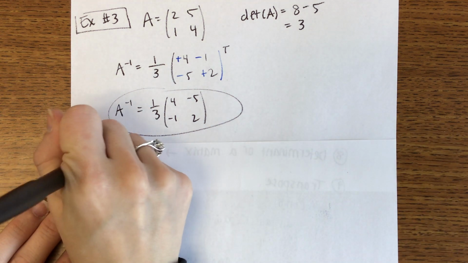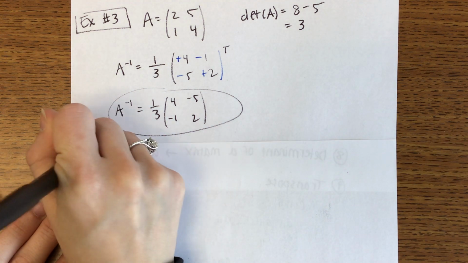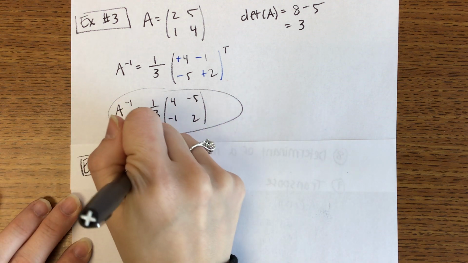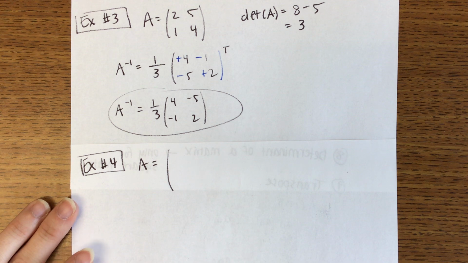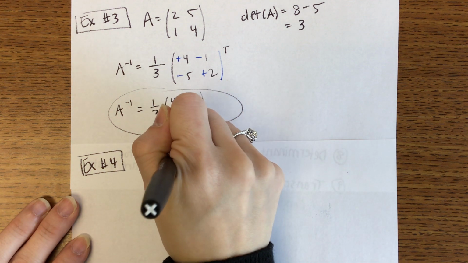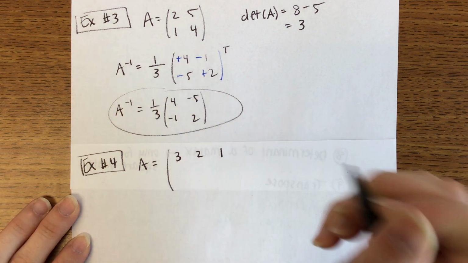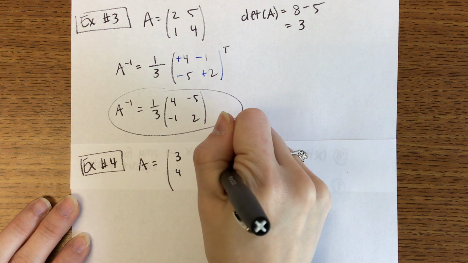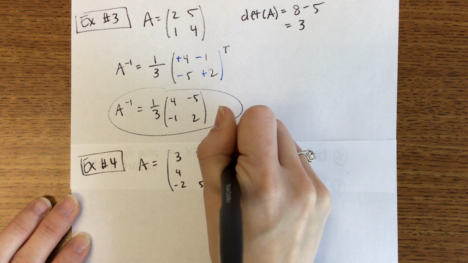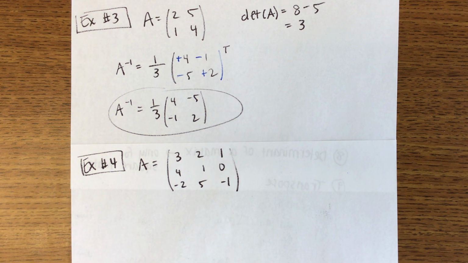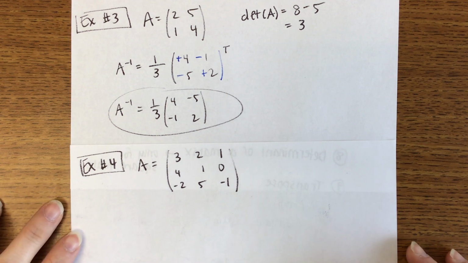Okay. Here's our next example. This time we're going to look at a 3 by 3 matrix. So we're going to do 3, 2, 1, 4, 1, 0, negative 2, 5, negative 1. Okay.